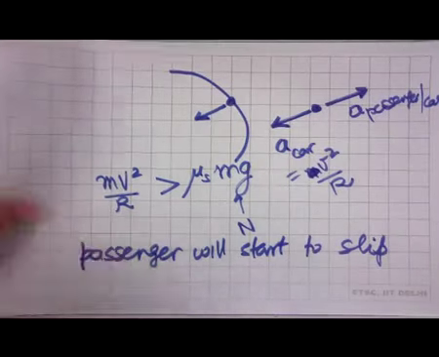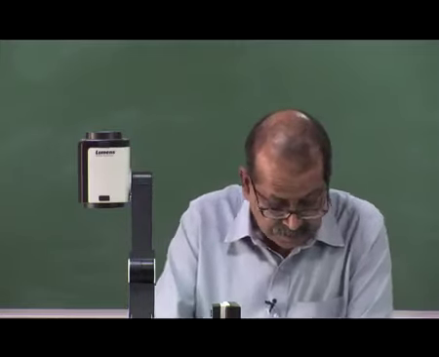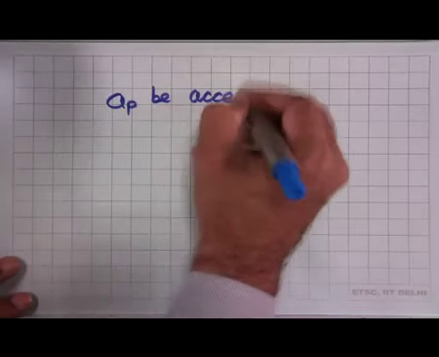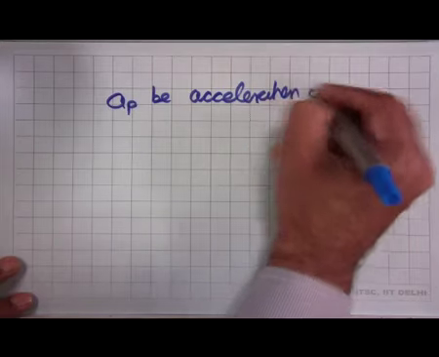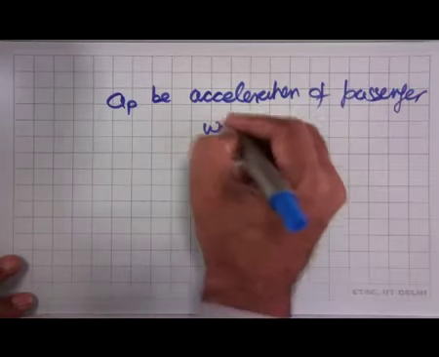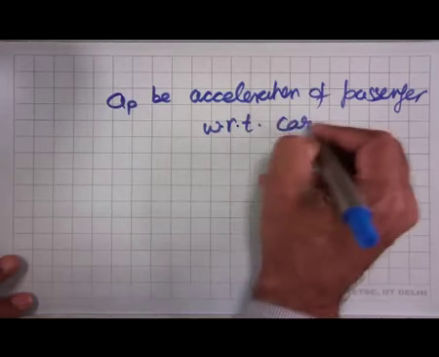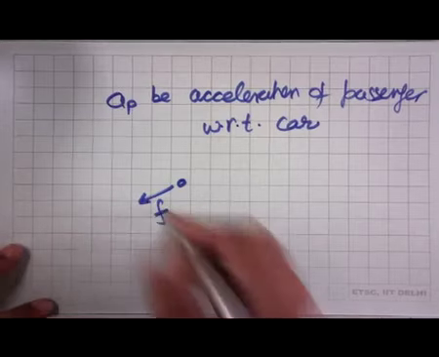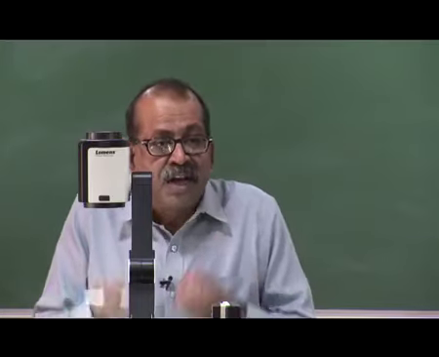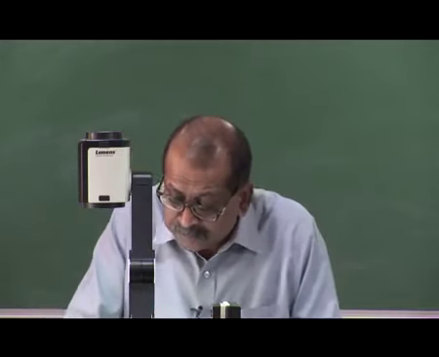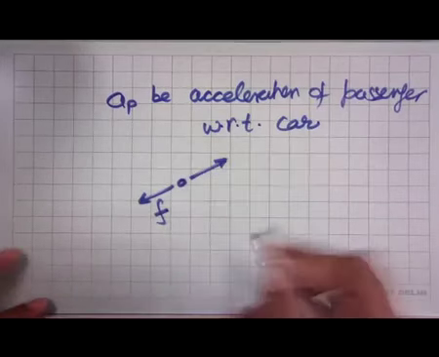So, the passenger starts to slip, and let AP be the acceleration of the passenger with respect to the car. Now, what we find is we have a friction force, but this is not able to generate the acceleration equal to mv square upon r. So, therefore, the passenger starts to slip.